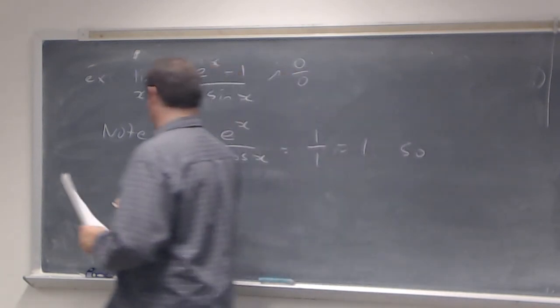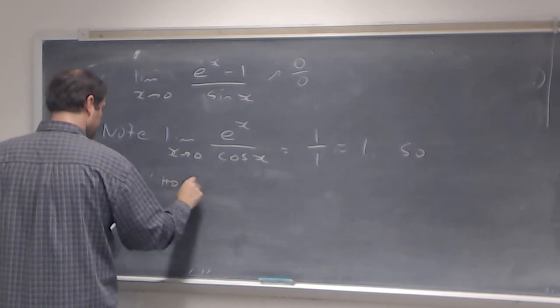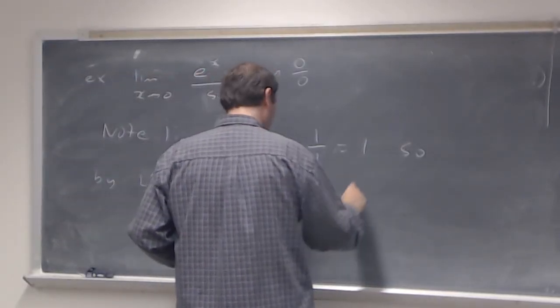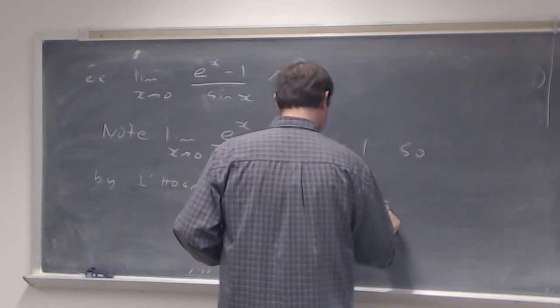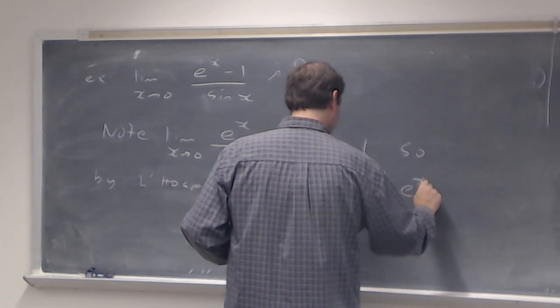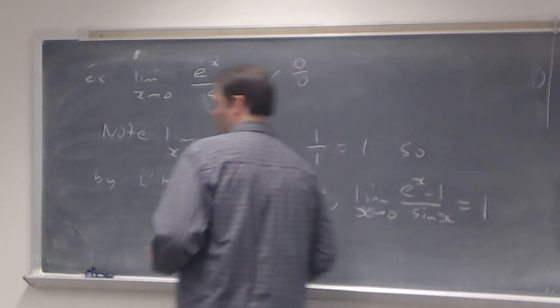So by L'Hopital's rule, the limit of the original problem, x going to 0, e to the x minus 1 over sine x, it also has to be equal to 1.